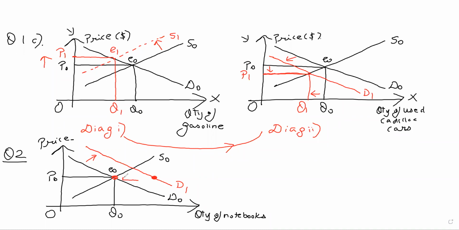What is this? Excess demand. It will create competition among the buyers. They will start bidding up the price. When price rises, demand falls along the new demand curve. Supply rises along the old supply curve till we reach the new equilibrium E1.